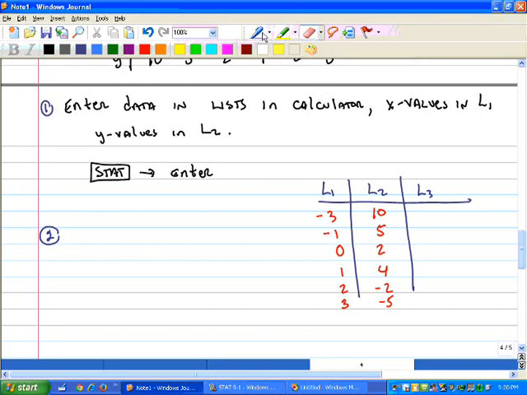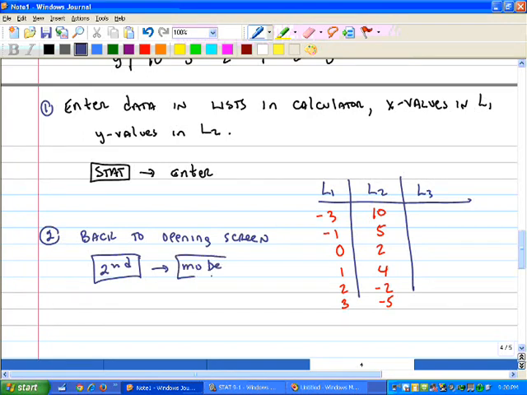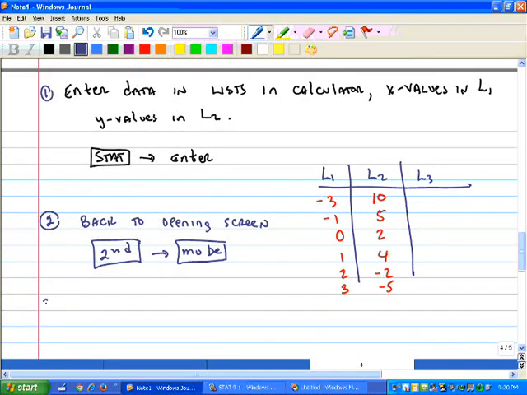Now that we have the data entered in the list, we're going back to the opening screen by hitting Second, Mode, then we'll do the linear regression.